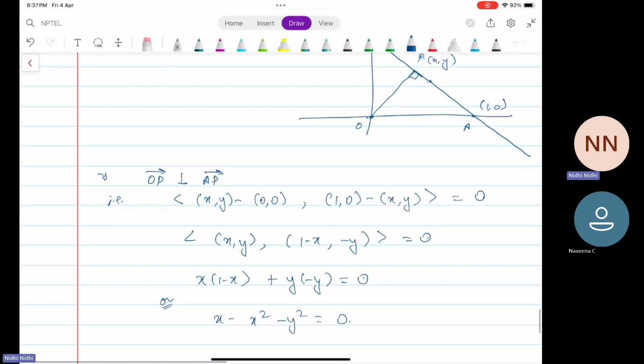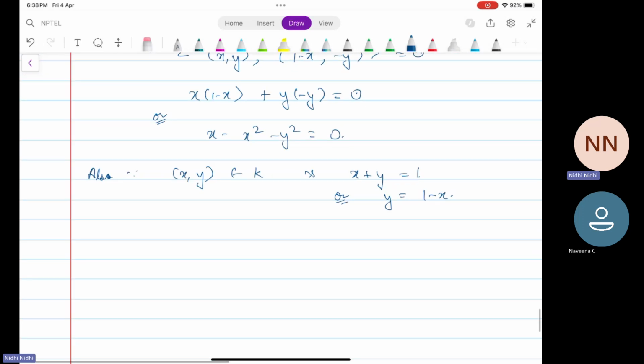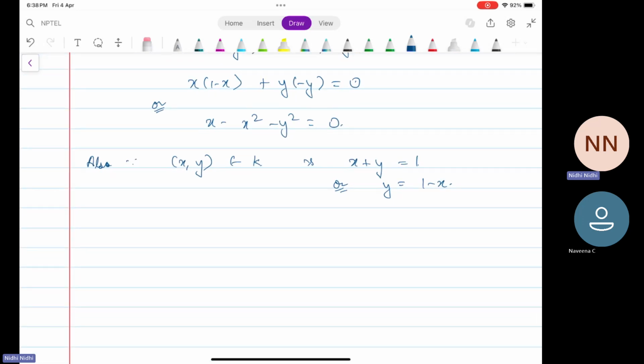Also, since this point P belongs to the set K, that means x plus y equals 1, or I can write y to be equal to 1 minus x. So I can replace y by 1 minus x in the first equation. x minus x square minus (1 minus x) whole square equals 0.